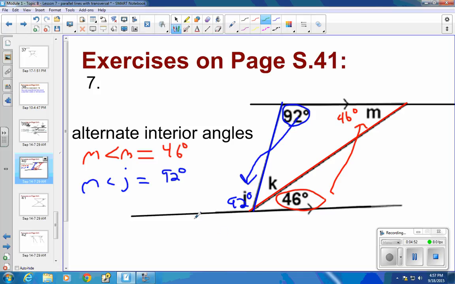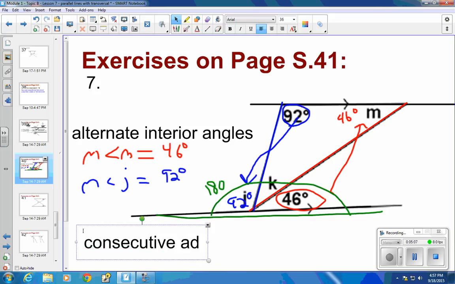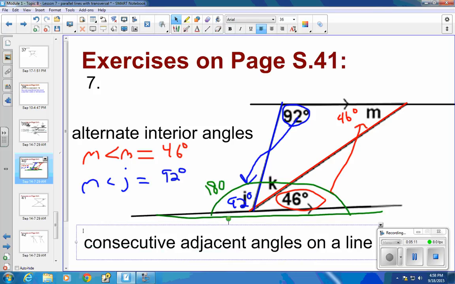And then the last idea is this right here is a straight line, and so this part right here has to be 180 degrees because consecutive adjacent angles on a line sum to 180.